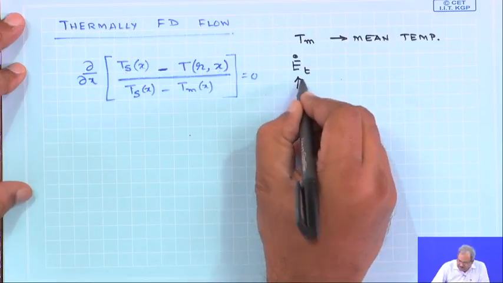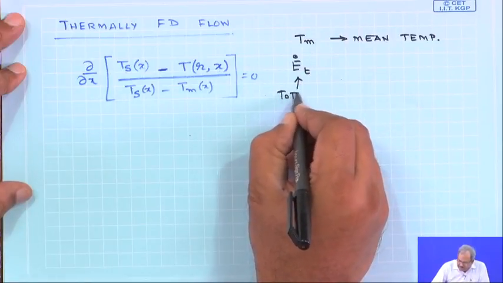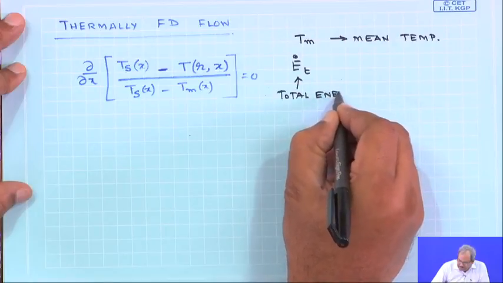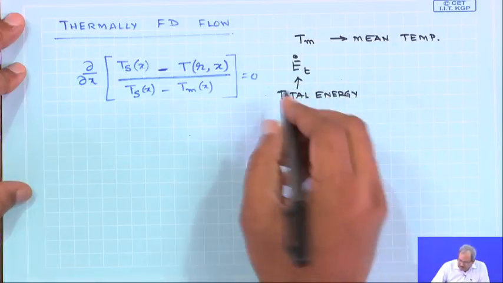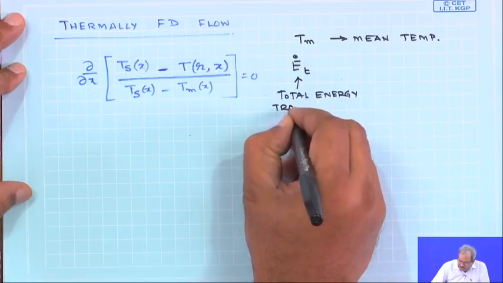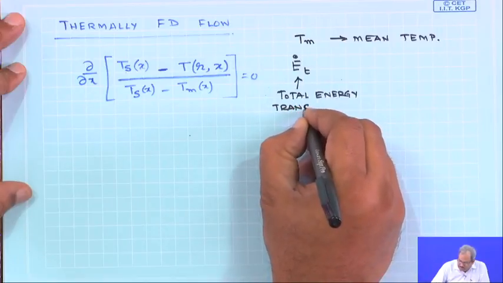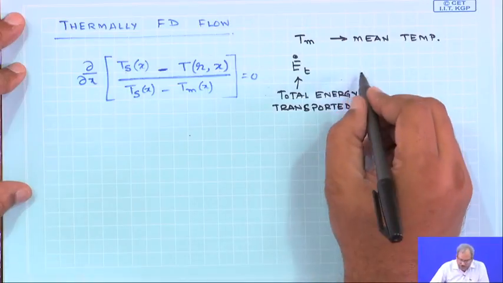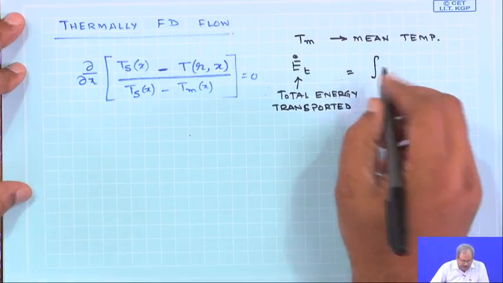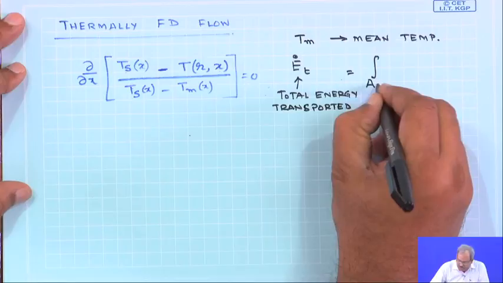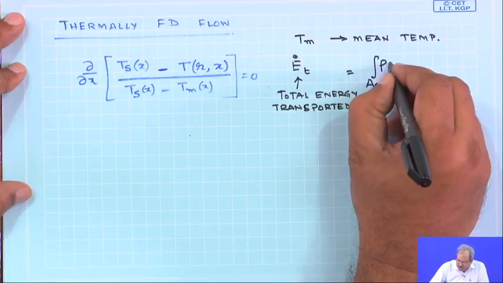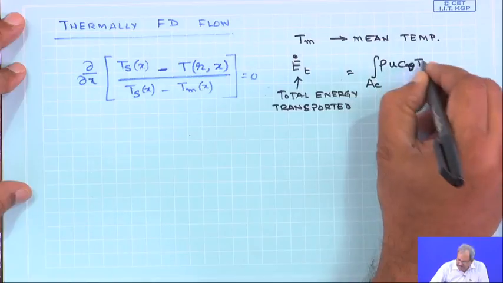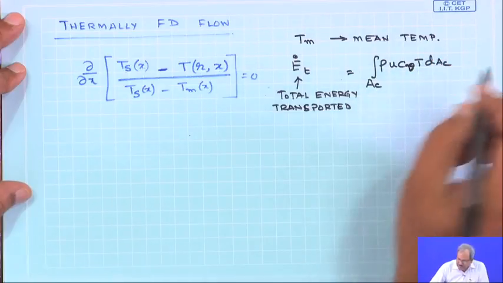So, this is the total energy transported by the fluid, which obviously would be equal to an integration over the cross sectional area, ρ u Cv T dAc.